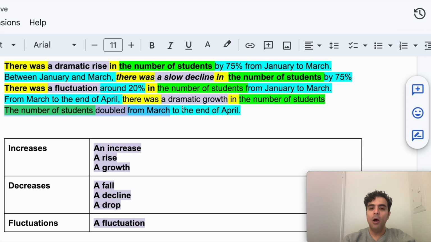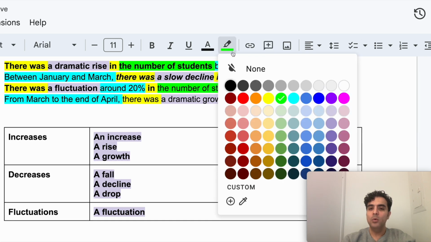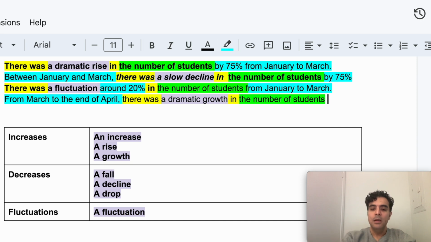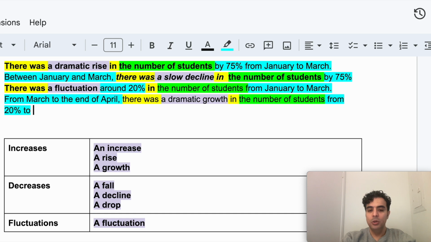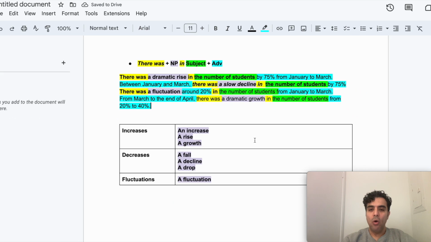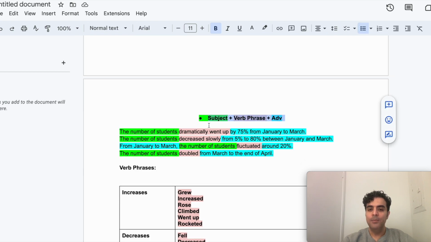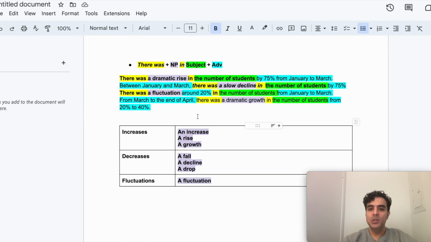And then if it doubled, then maybe you could add the amount in detail by saying from 20% to 40%, which is essentially a doubling, right? So for all of these sentences, which we previously wrote using the verb phrase structure, we have now produced an example using the noun phrase structure.